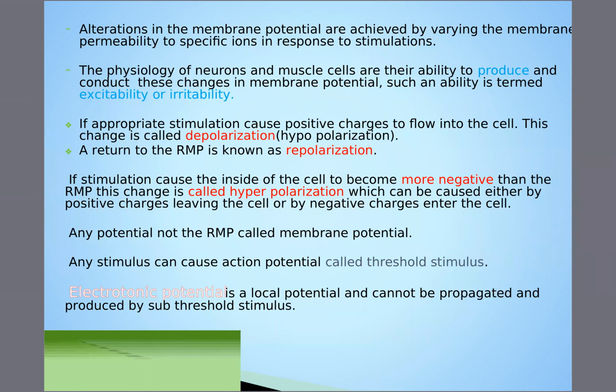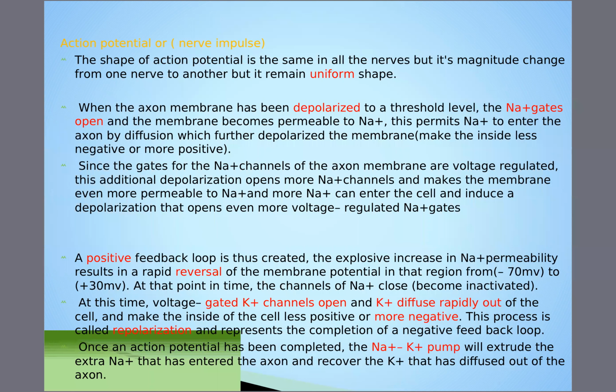When the axon membrane has been depolarized to a threshold level, the sodium gate opens and the membrane becomes permeable to sodium. This permits sodium to enter the axon by diffusion, which further depolarizes the membrane, making the inside less negative and more positive.